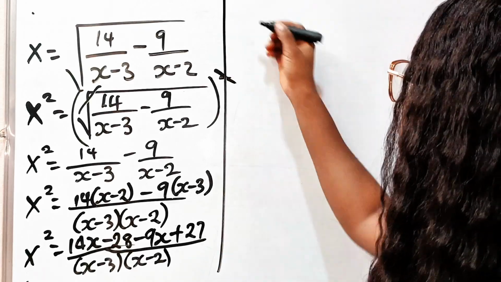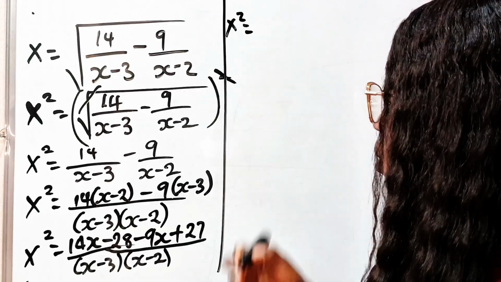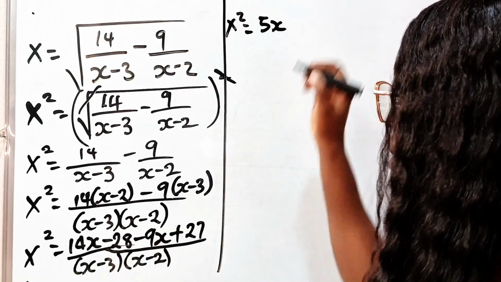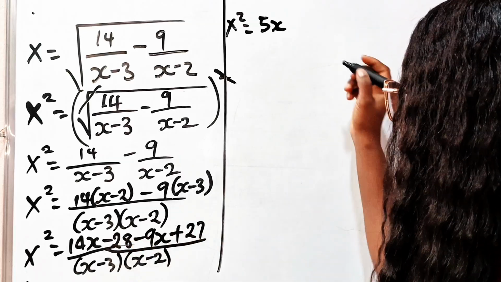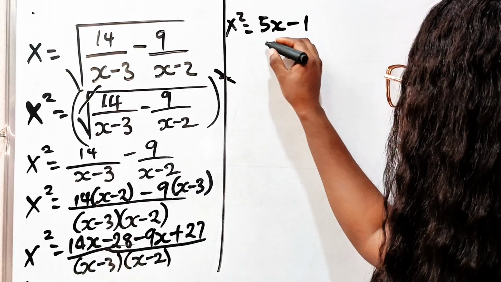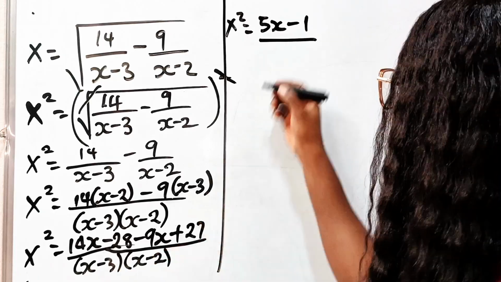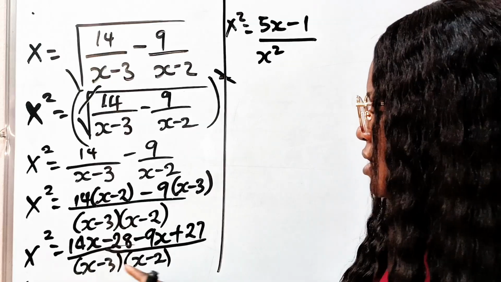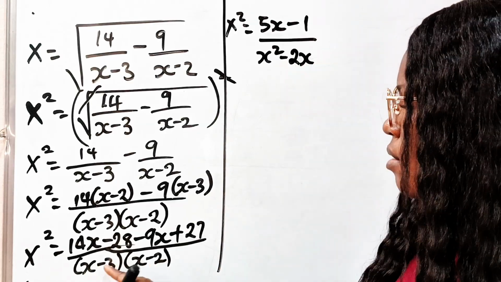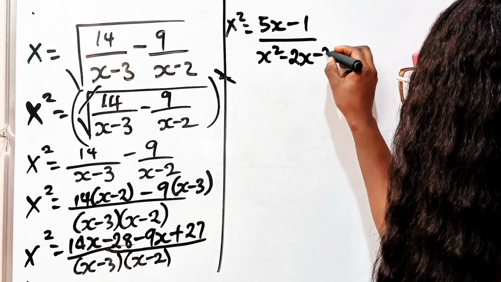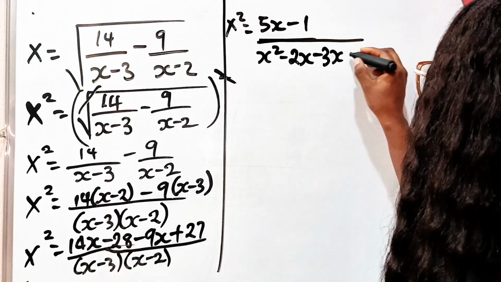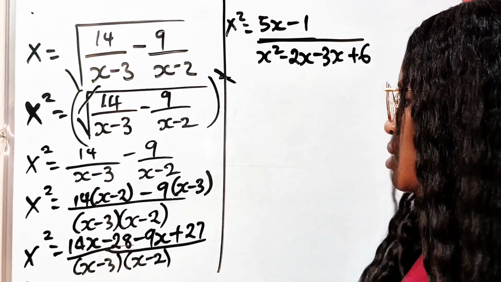Alright, so now we have x squared is equal to 14x minus 9x is 5x, minus 28 plus 27 is minus 1, divided by x times x is x squared. X times minus 2 is minus 2x. Minus 3 times x is minus 3x. And minus 3 times minus 2 is plus 6.